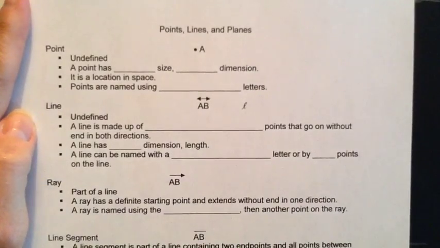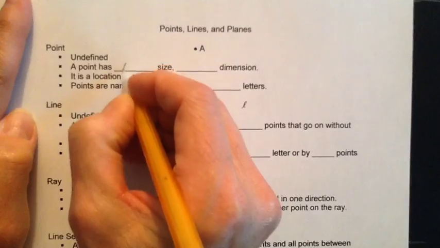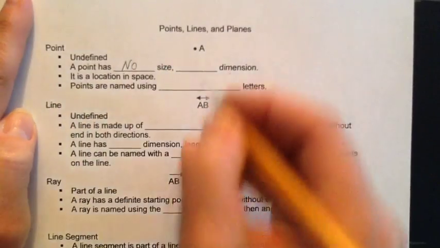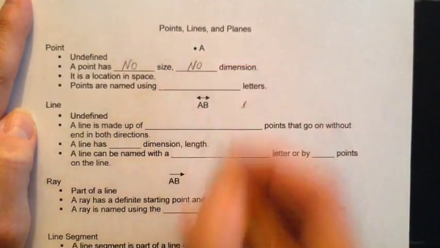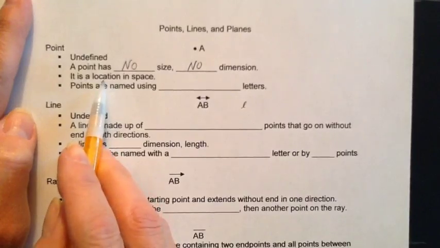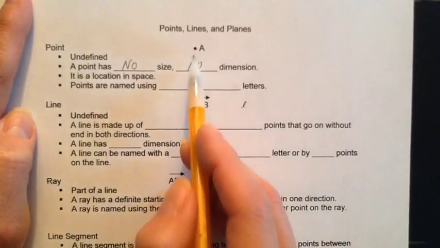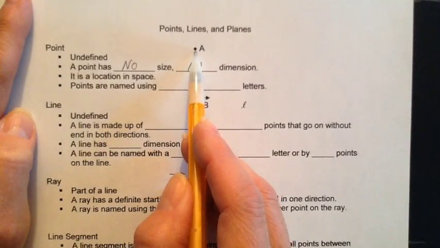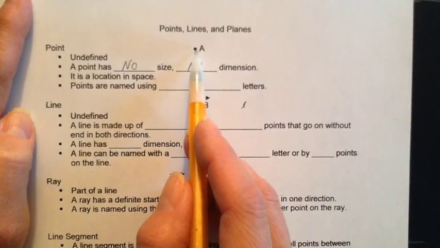The first term, point. A point has no size, okay, and it has no dimension. It's simply a location in space. Now, of course, here we draw a dot to represent a point, and we can see that, therefore, it has dimension. But that's the only thing that we can do, so our model is not exact.